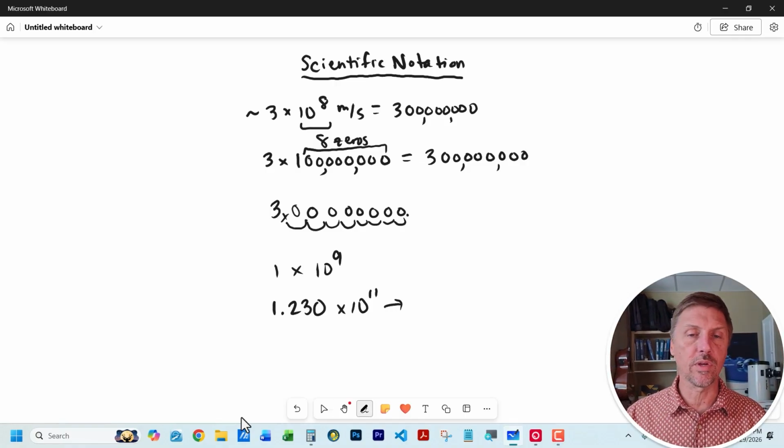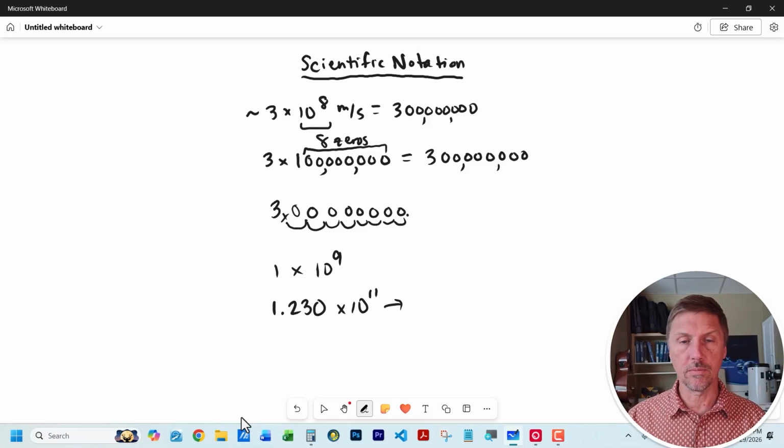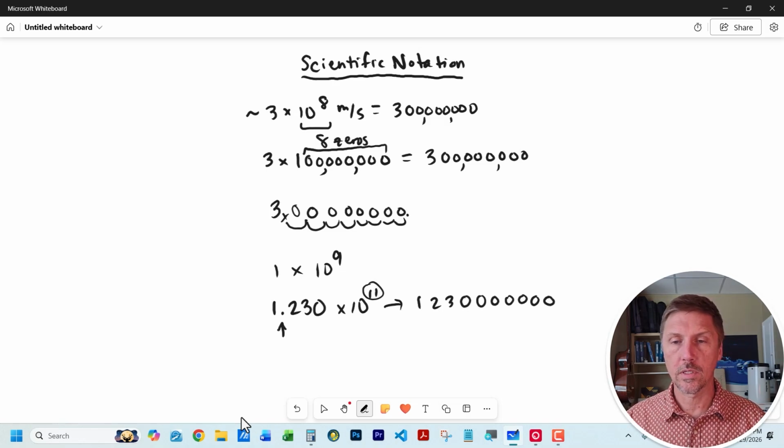So let's practice this since I've written it out. How would I convert this to decimal notation from scientific notation? Well, I would take this decimal here and I have to move it 11 places to the right, right? So I'm just going to take 1, 2, 3, 0. I'm just going to pad it with a bunch of zeros. See how many we need. The decimal was here. We're going to go 1, 2, 3, 4, 5, 6, 7, 8, 9.